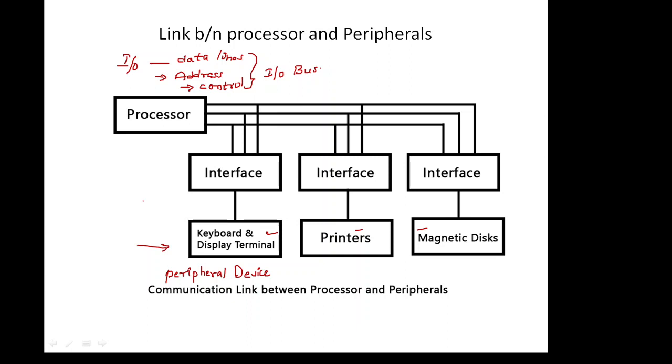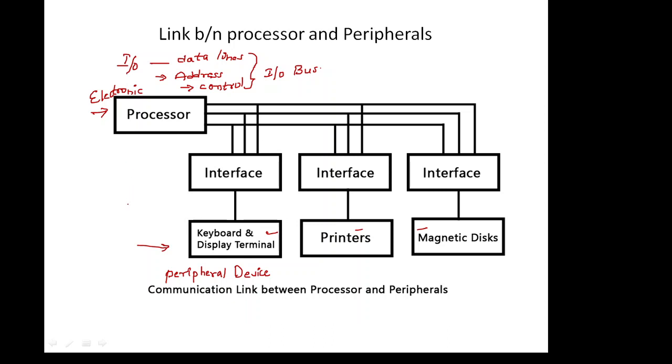Each peripheral device should be associated with an interface unit. Why? Because, as I have said, our processor is an electronic machine, while keyboards and magnetic disks are electromagnetic and electromechanical machines.